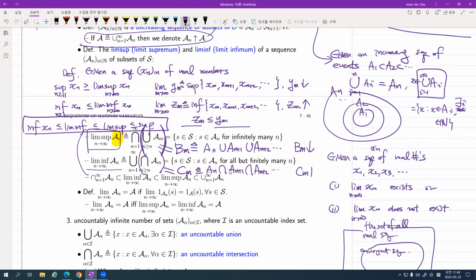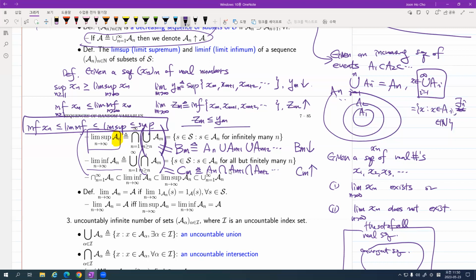C sub m increases, because if you have m equals 1, every A sub i is intersected, right? Now, if you choose m equals 2, then excluding A1, you intersect from A2. So this intersection increases. That is very similar to this situation, right?